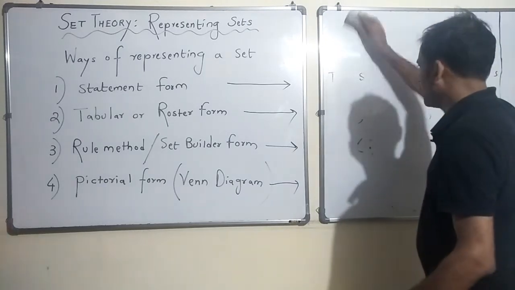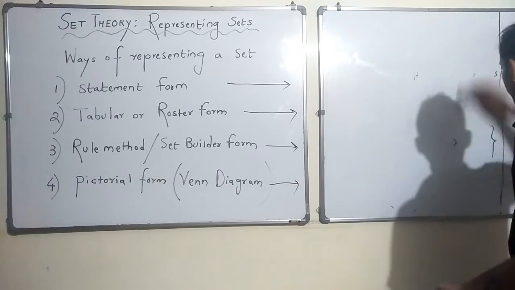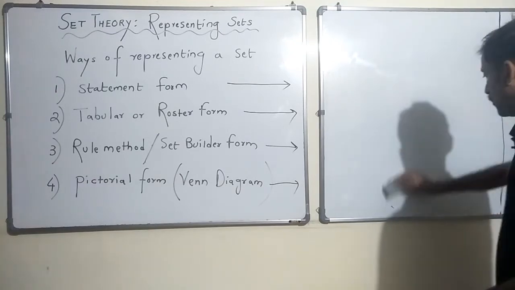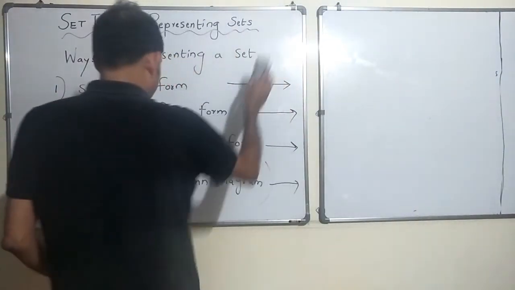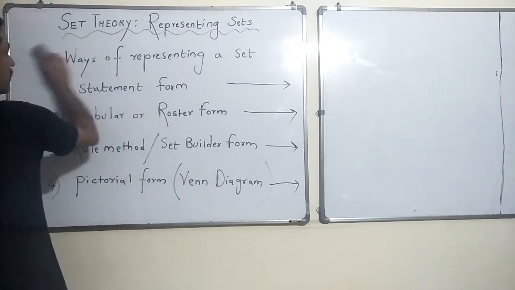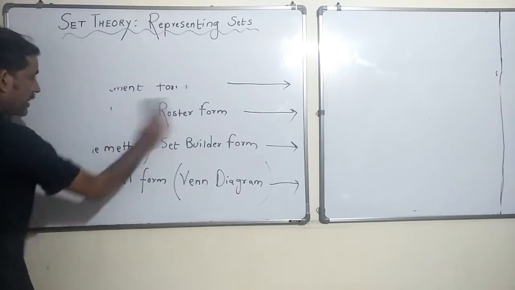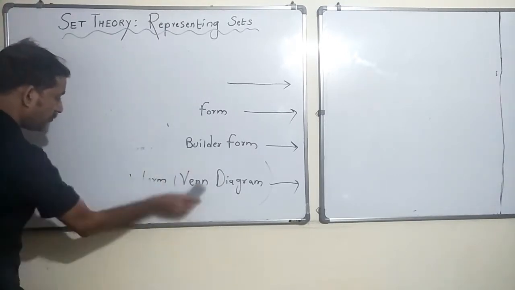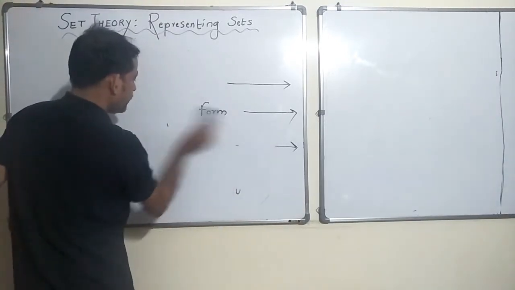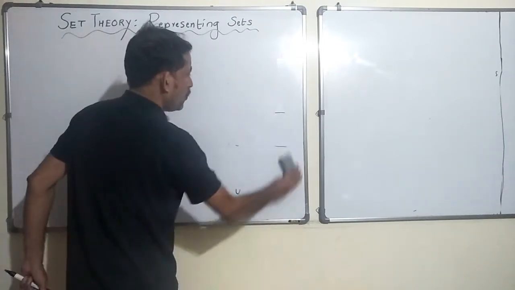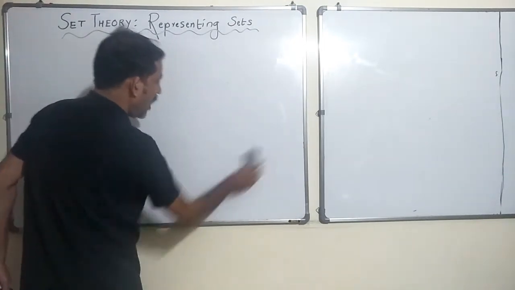Alright, but before moving on to the next part, I would like to add a few things. There are some well-defined sets like the set of natural numbers, set of whole numbers, set of integers, set of rational numbers. How do we denote those sets?